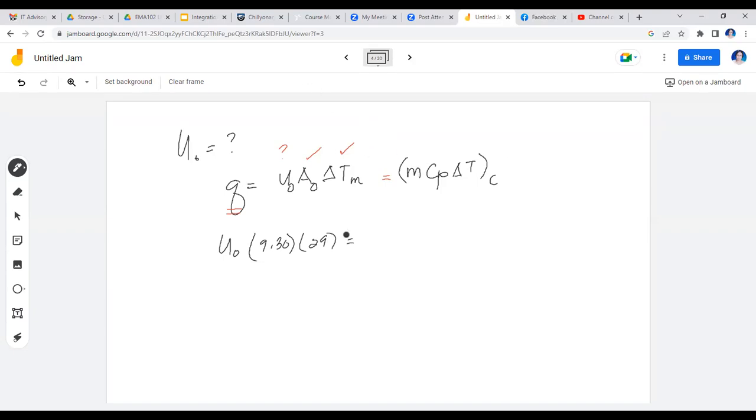Actually, it could be MCP delta T of the cold fluid or of the hot fluid. Now, in this case, why are we using the MCP delta T of the cold fluid? Jules, why do you think we are using the MCP delta T of the cold fluid, not that of the hot fluid?